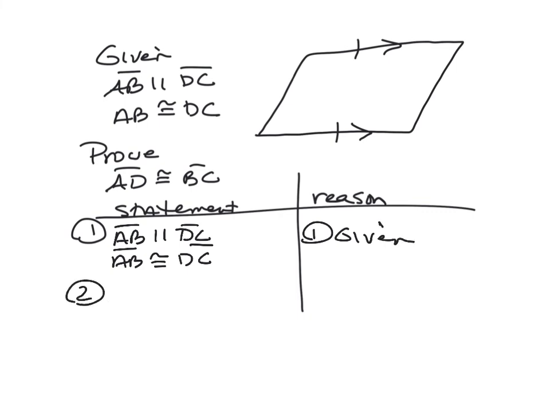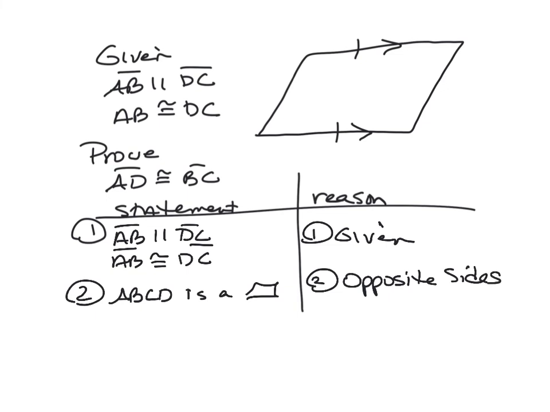Remember, this is one way to prove that something's a parallelogram, and that's what I'm going to state next. ABCD is a parallelogram. And that reason is the opposite sides parallel and congruent theorem.